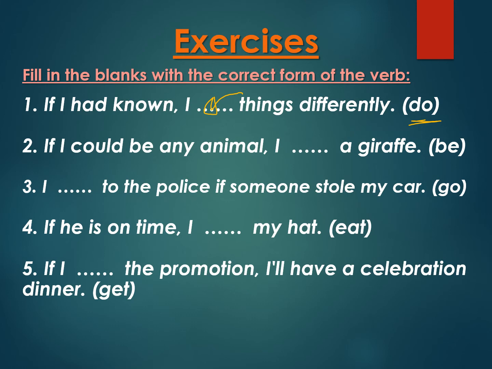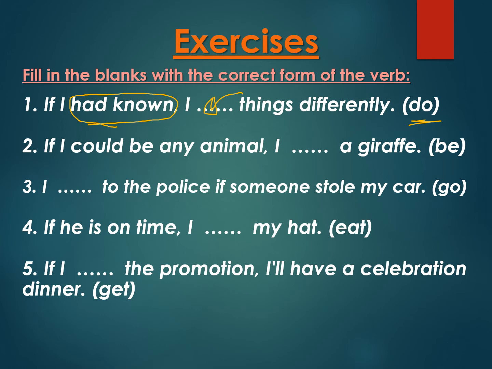First of all, state the rule. Which rule is used in this sentence? Which type of if? Is it zero, first, second, or third conditional? You would know it from this part, had known. In the if clause we have past perfect. If past perfect, would plus have plus past participle. The main clause should include would plus have plus past participle. So do becomes would have done.